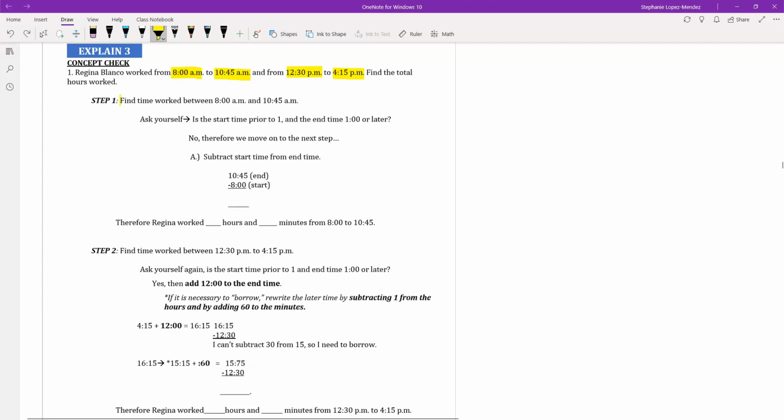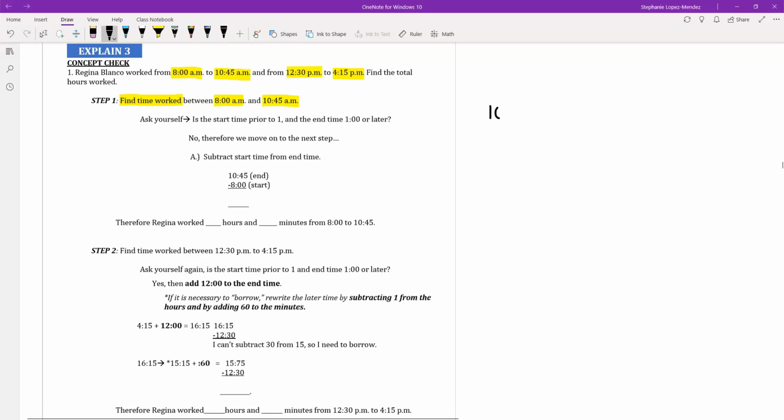So on step number 1, we need to find the time worked between 8 a.m. and 10:45 a.m. Now, first thing we need to check is if both times are a.m.s or p.m.s, or if we have 1 a.m. and 1 p.m. So we have that she worked from 8 a.m. to 10:45 a.m. That means that I do not need to add 12 hours to any of those times.